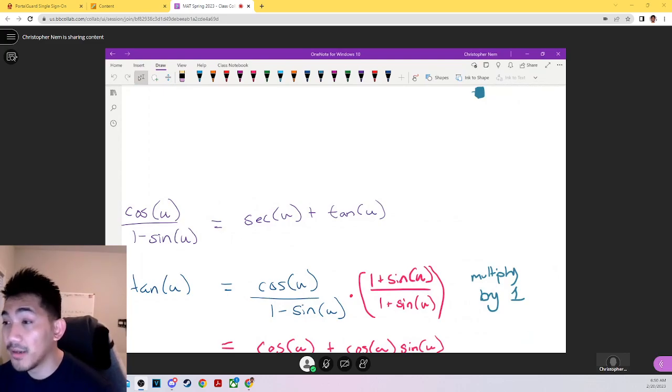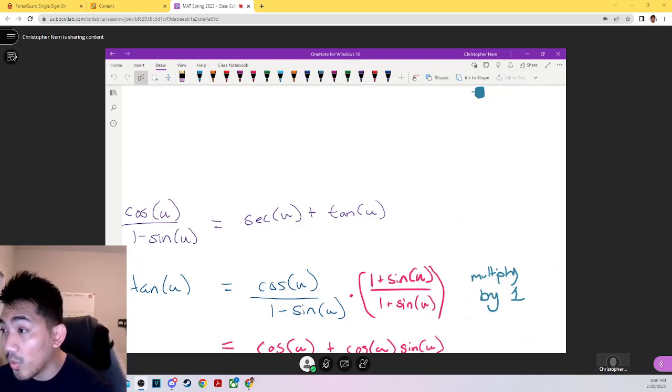If you want to get rid of a complex conjugate, you're going to multiply by the binomial, but instead turn adding into subtracting and subtracting to adding. And that is what I'm doing. I'm going to have 1 minus sine of u times 1 plus sine of u over 1 plus sine of u. That way, I can get a squared term out of that, and the middle terms cancel out.